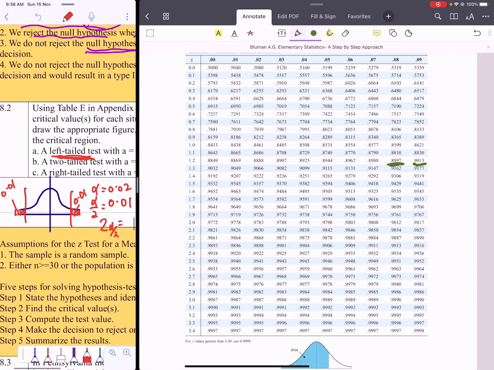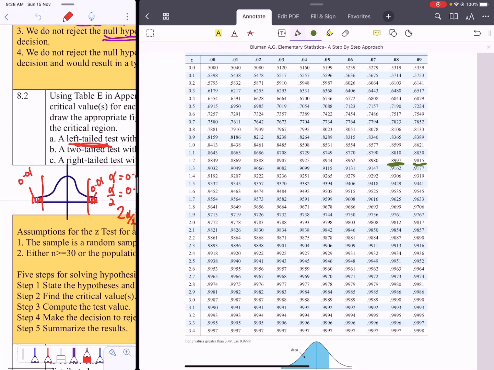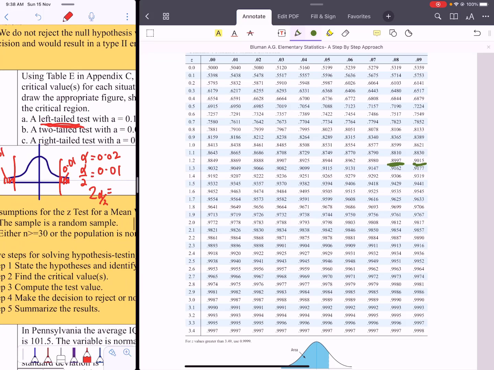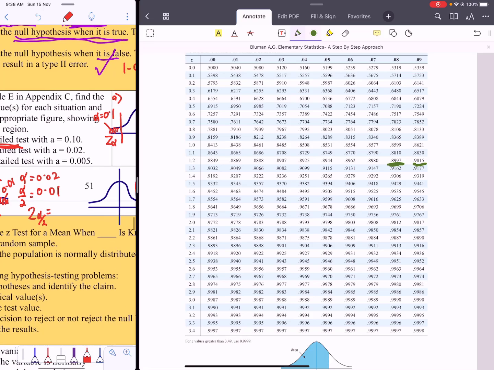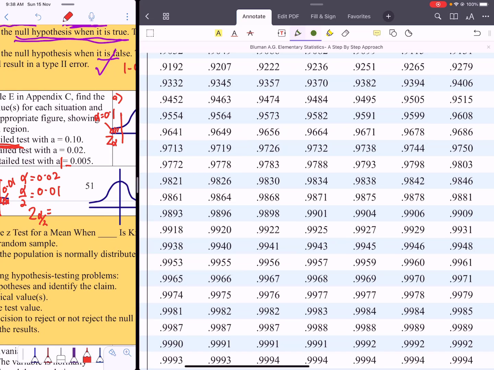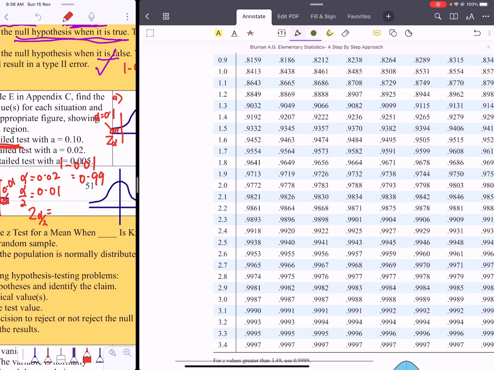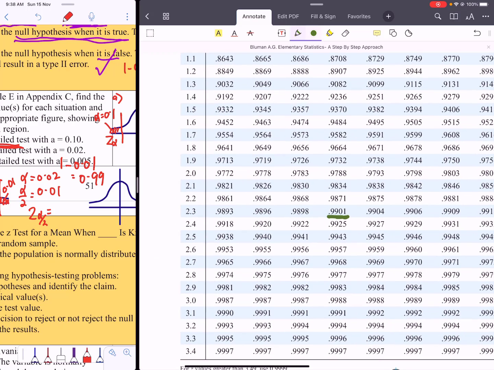And then we have this one, a two tail with alpha 0.02. 0.01. Jadi 1 minus 0.01 equals to 0.99. Is it similar? Ni, here.